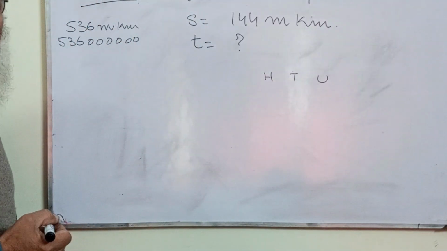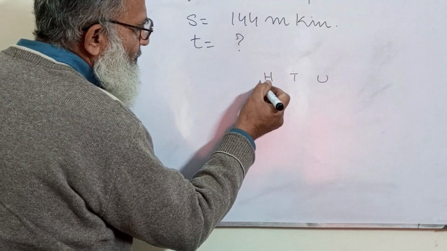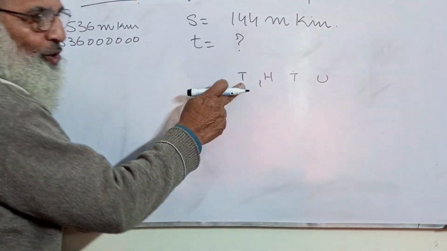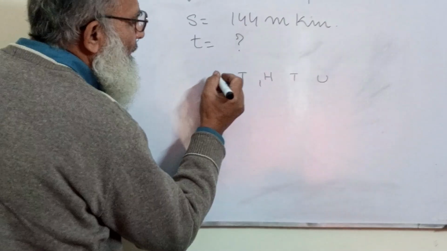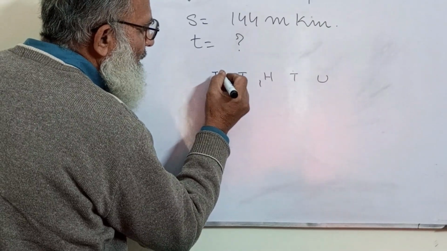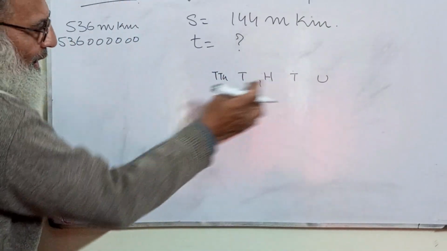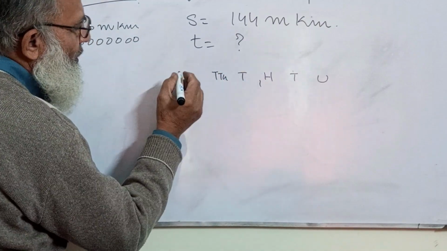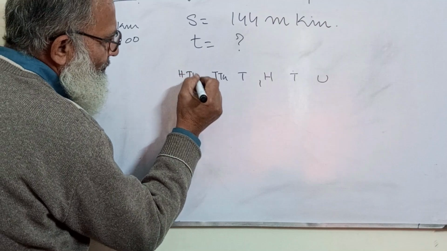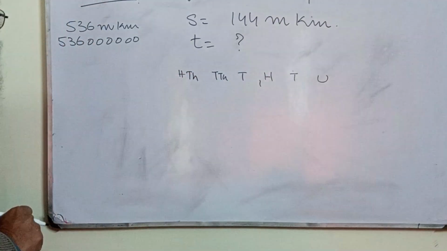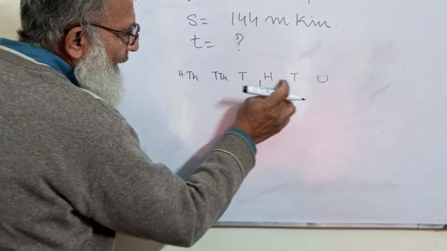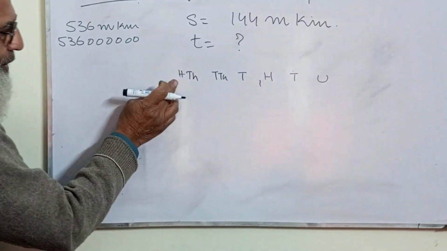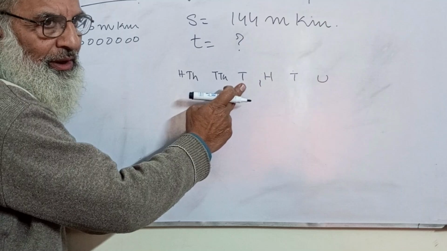All three are complete. Now for thousand, this is the unit for thousand, 10,000 and 100,000. These three are complete. The same format applies here.